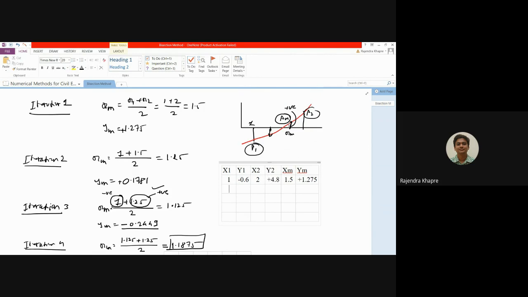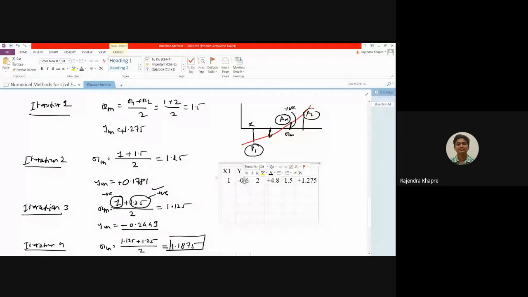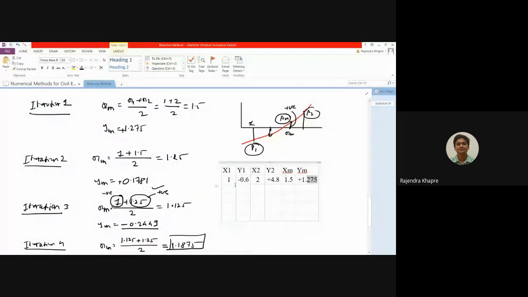For the second iteration, we started with 1 and 2; this was negative, this was positive, and what we got is positive. We need one negative and one positive value, so I'm taking the negative value from here as it is: this will be 1 and minus 0.6. For the positive value I'll take the latest one, so this will be 1.5 and plus 1.275.